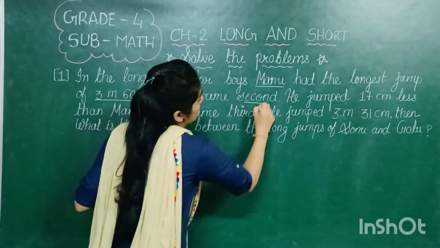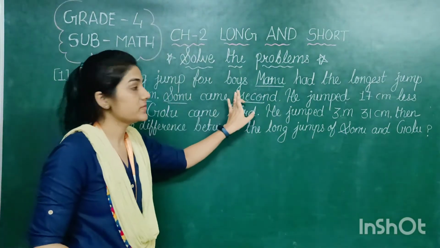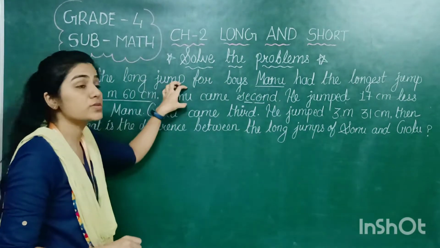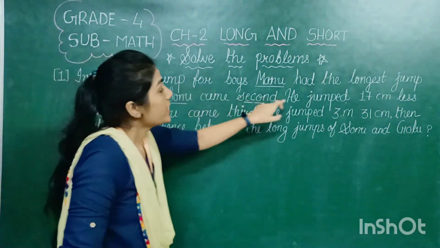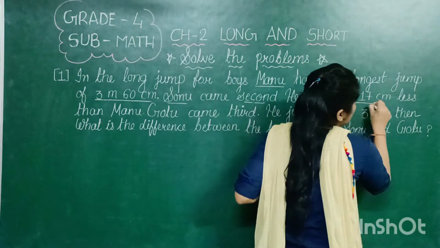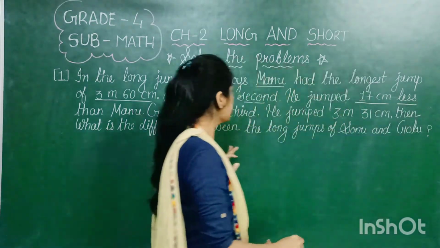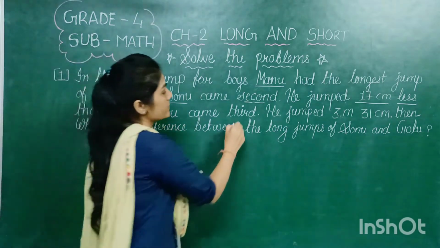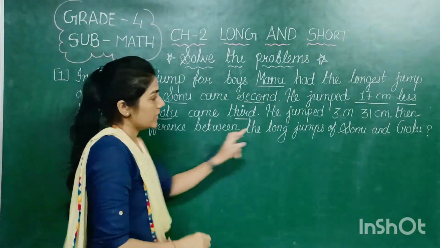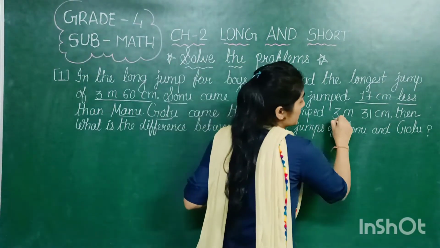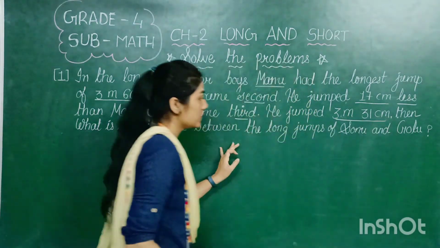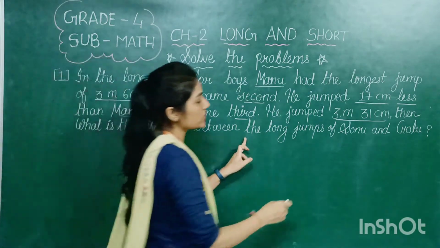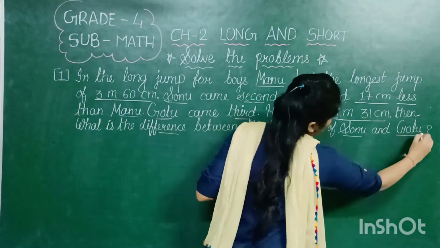Sonu came second, but we don't know the exact length for Sonu. He jumped 17 centimeter less than Manu. Golu came third. He jumped 3 meter 31 centimeter. Then what is the difference between the long jumps of Sonu and Golu?